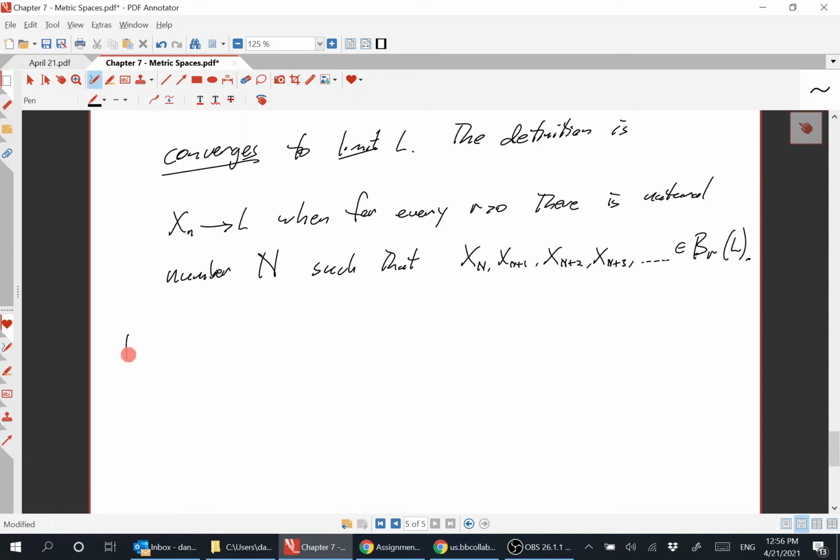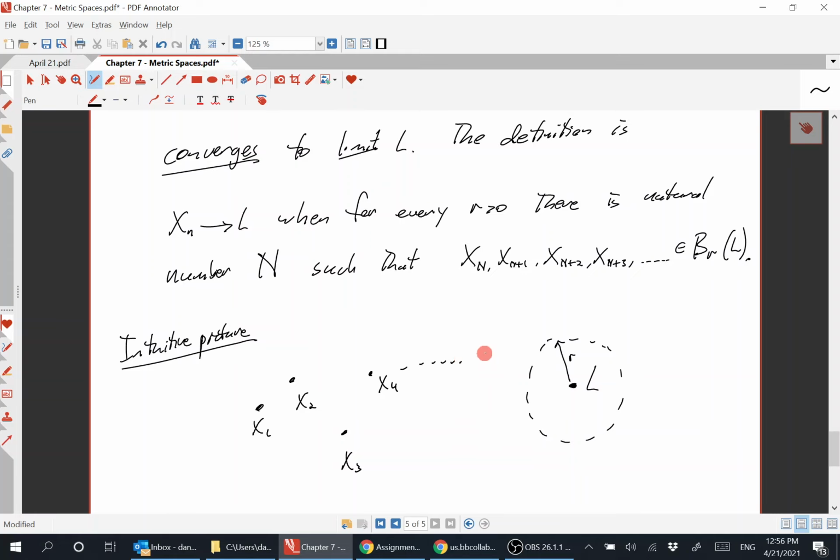So here's the intuitive picture. Here's L. Here's the ball of radius r around L. Here's the sequence: x1, x2, x3, x4, and so on, xn minus 1.